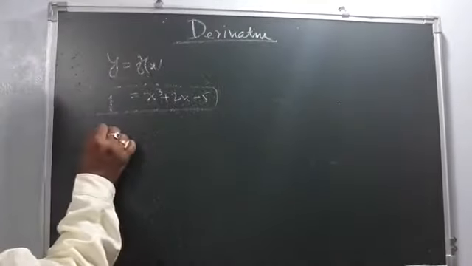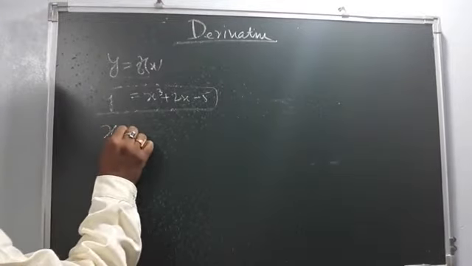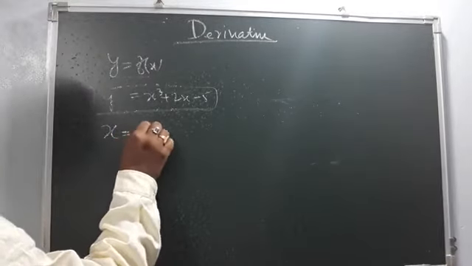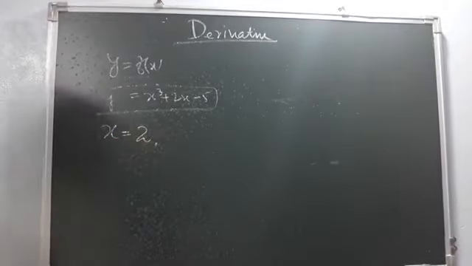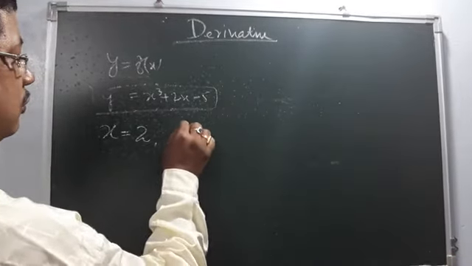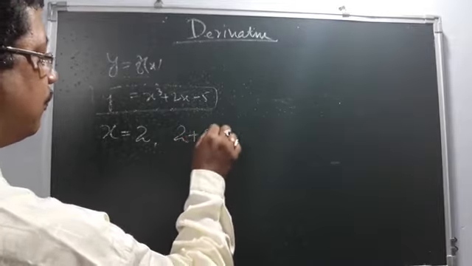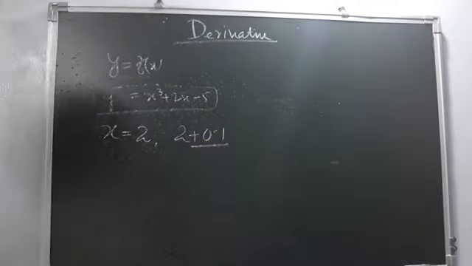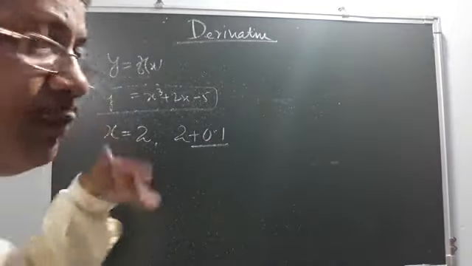Now as it is x and y, we can draw the graph of this also. Suppose x has a value 2, then we increase this value by, suppose, 0.1. What have we done? We increased x.